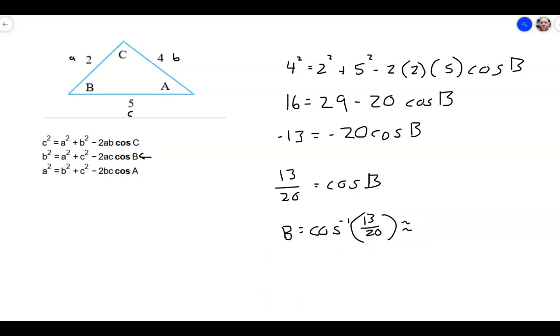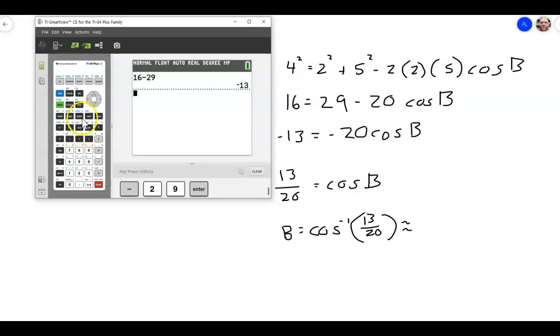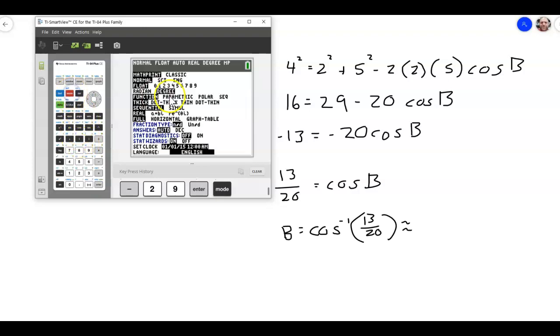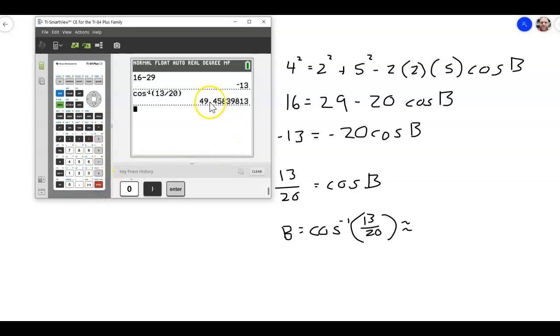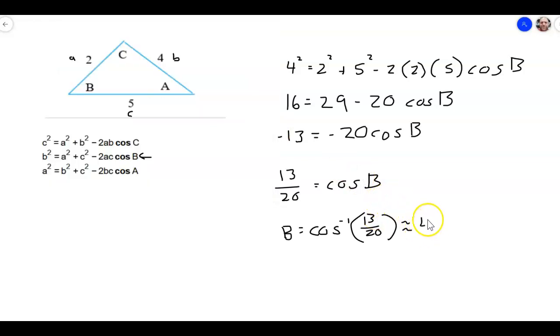We'll go out 2 decimal places and make sure we are in degrees. Inverse cosine of 13 over 20 is 49.46 degrees. All right, so that is our B.